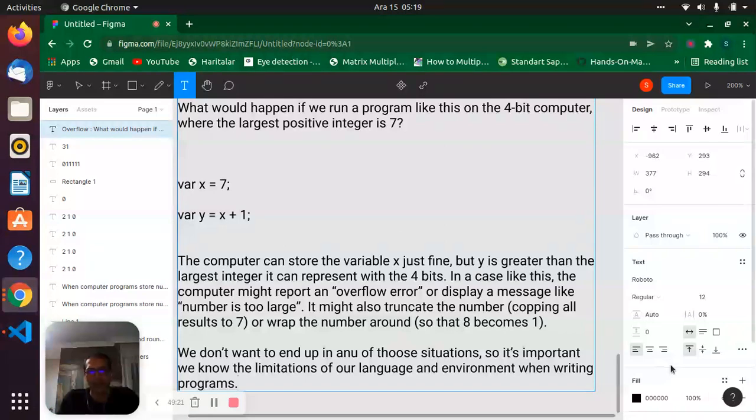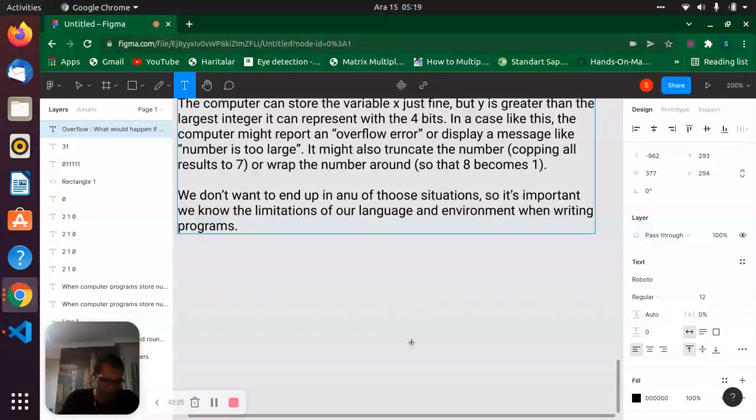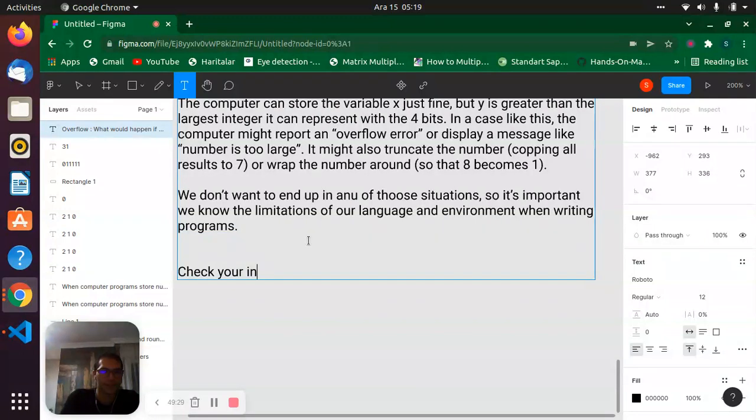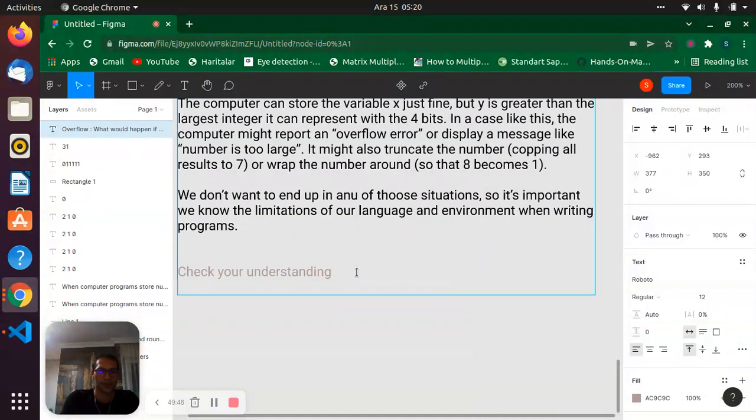Now we will say check your understanding, to understand the situation. So, check your understanding. Okay, let's come here and do some color in this way.